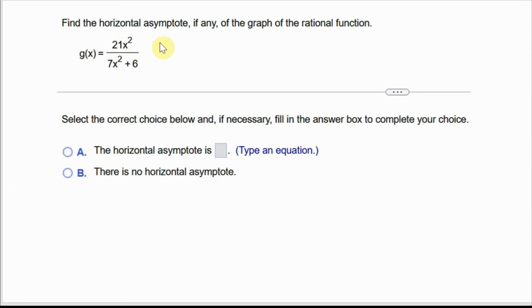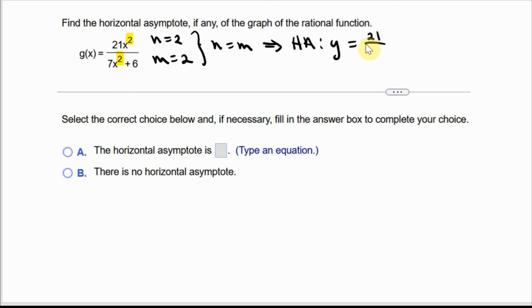Here for the horizontal asymptote, n is equal to 2 and m is equal to 2. If the degree of the numerator is the same as our degree of the denominator, this implies that the horizontal asymptote is the line y equals the ratio of the leading coefficients.